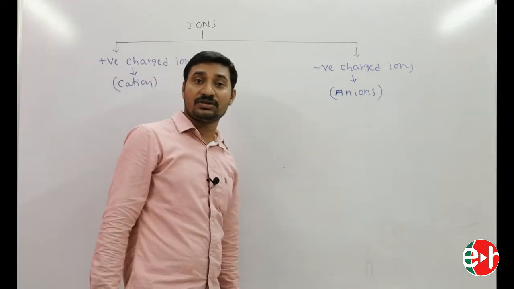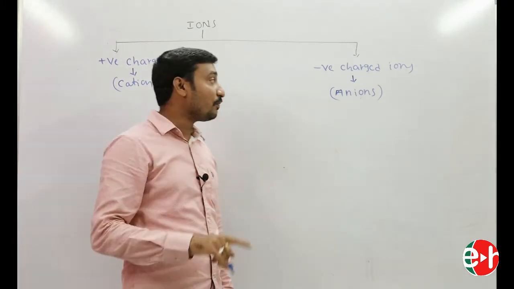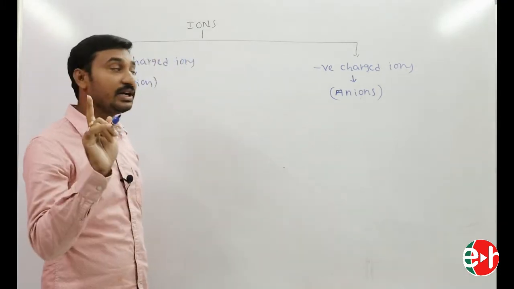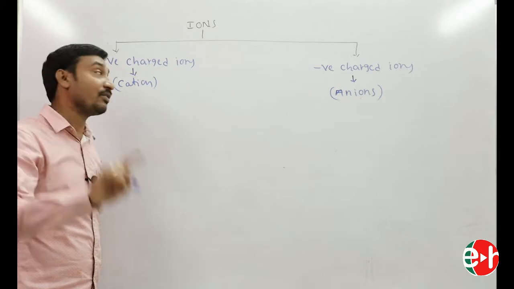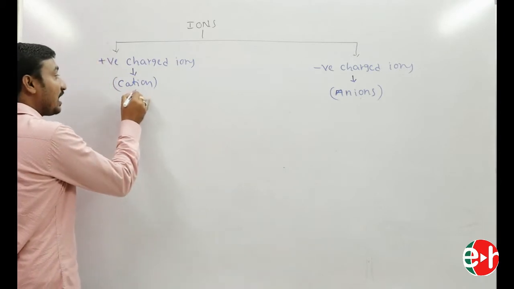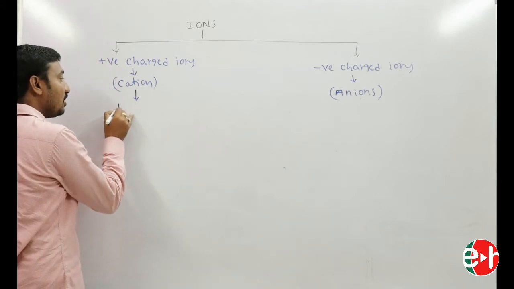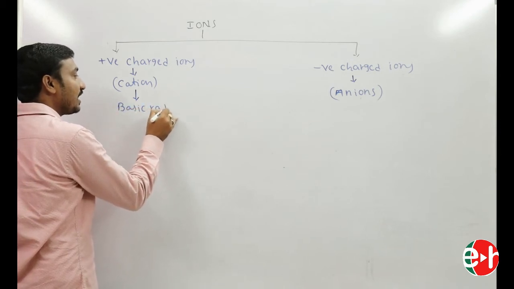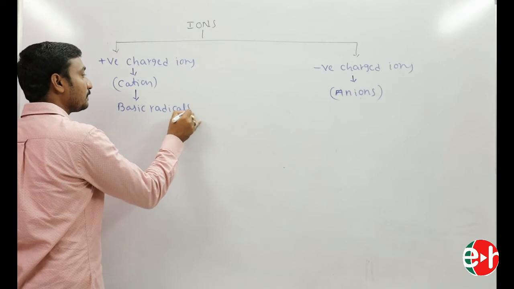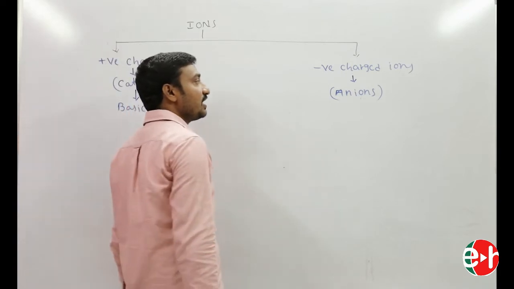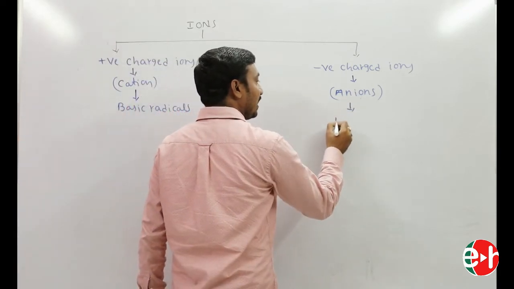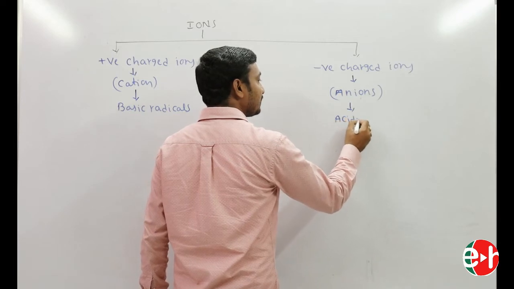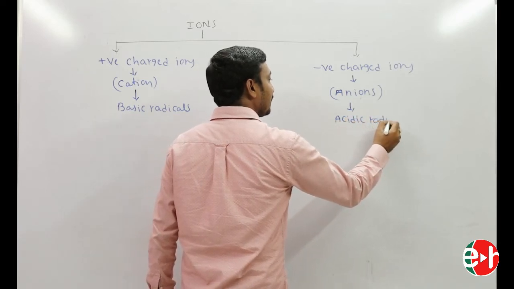Negatively charged ions known as anion. Positive charge means that is cation. Negative charge means that is anion. Okay. Positively charged ions also called basic radicals. Negatively charged ions also called acidic radicals.